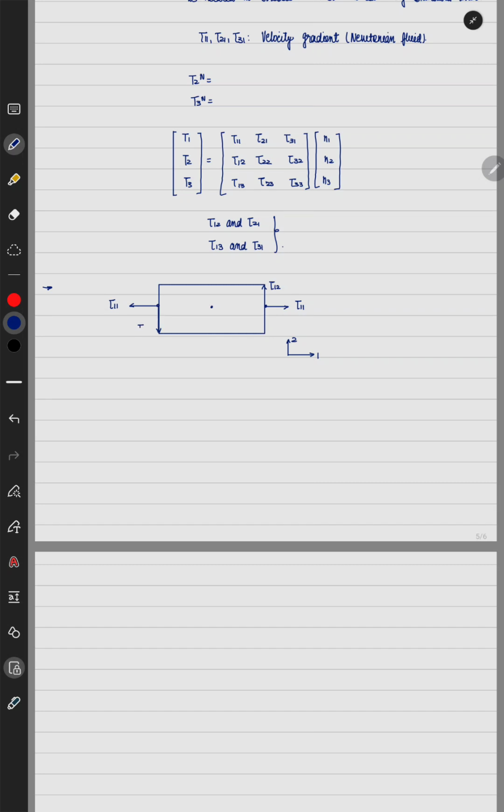Area is oriented along 1 but negative 1, and force is oriented along 2 but negative 2. On this face, the area is oriented along 2 but negative 2, so the force is also oriented along negative 2. Where the area is oriented along negative 2, the force will be oriented along negative 1.